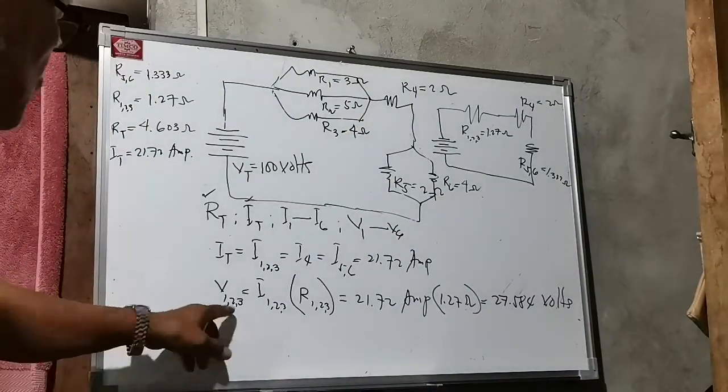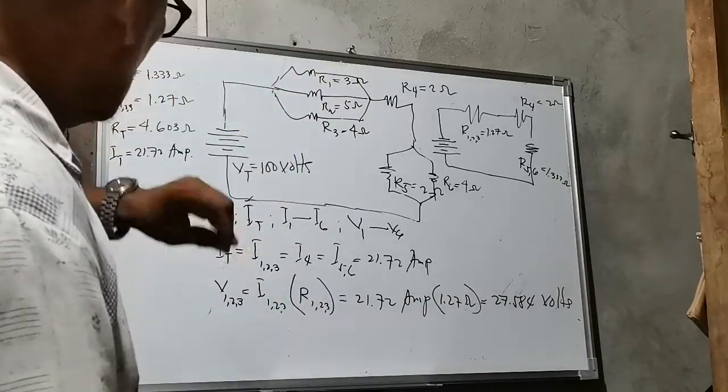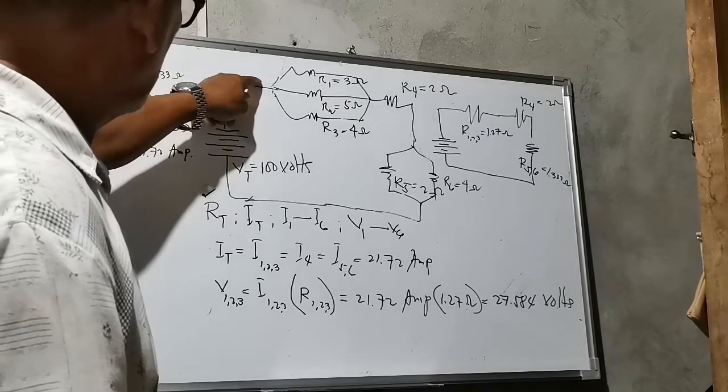Now, knowing V123, in parallel connection, V123 here is 27.584.